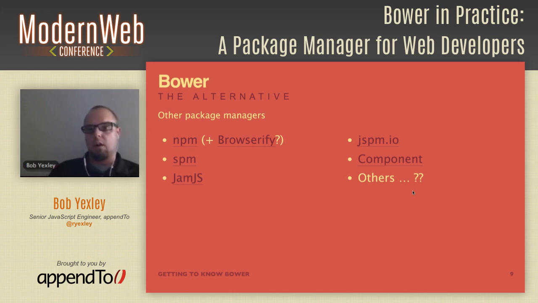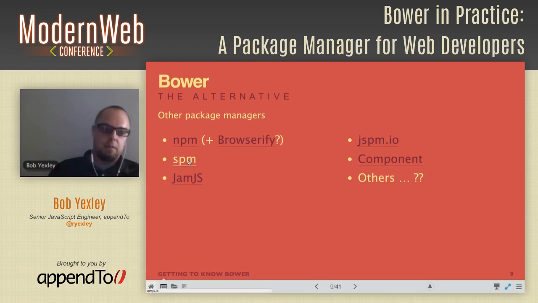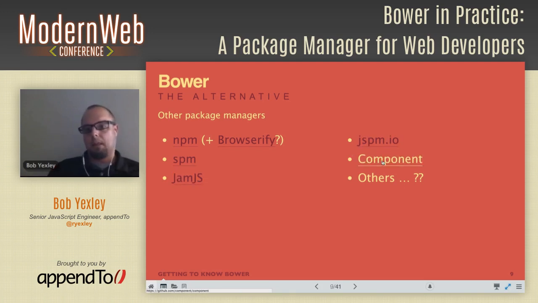Bower is certainly not the only package manager for the web out there. There's also NPM if you're using something like Browserify. There's a new one called SPM, which stands for Static Package Manager. Jam.js has been around for a while. JSPM.io, JavaScript Package Manager. Component.js from TJ Holowychuk, and I'm sure there's others as well.